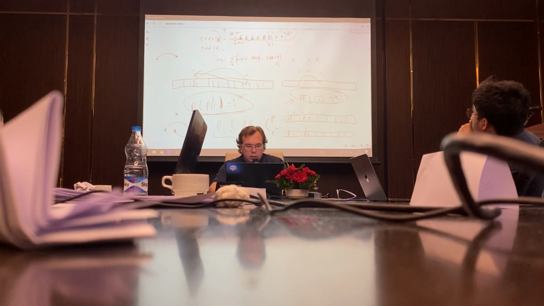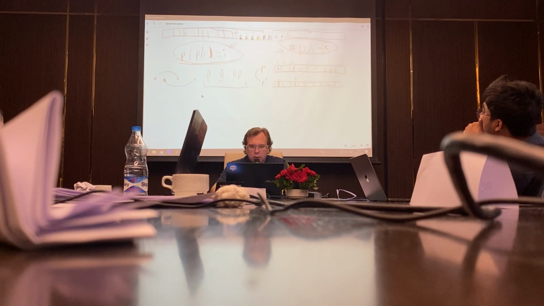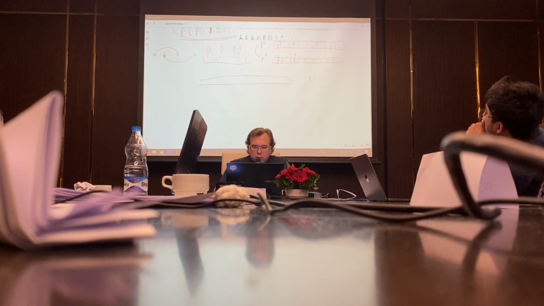Okay. So, how to calculate this? It's like some kind of DP. Let's construct the permutation from 1, 2, and so on in increasing order.